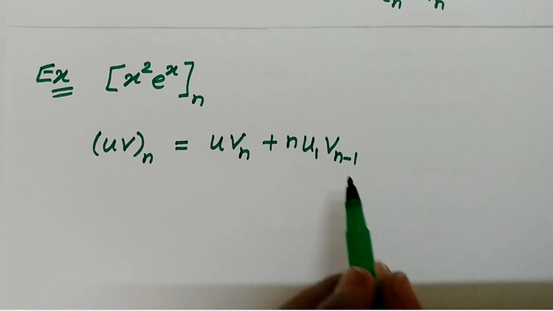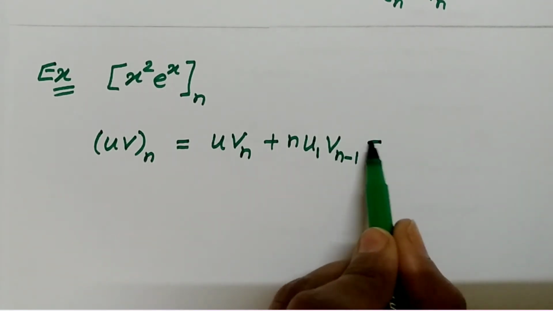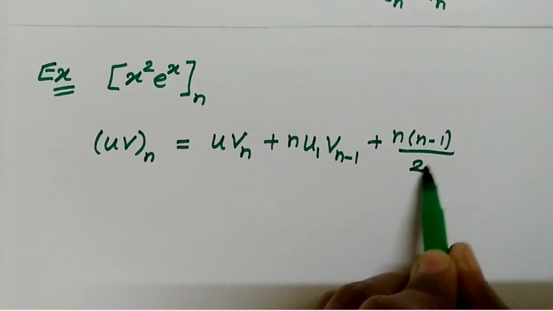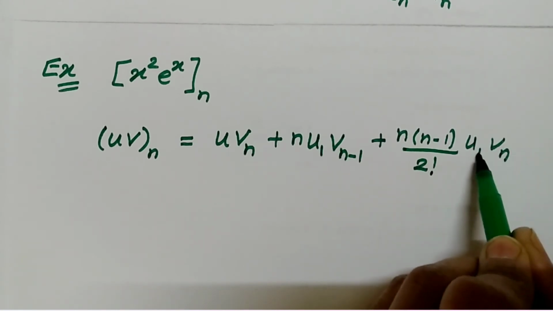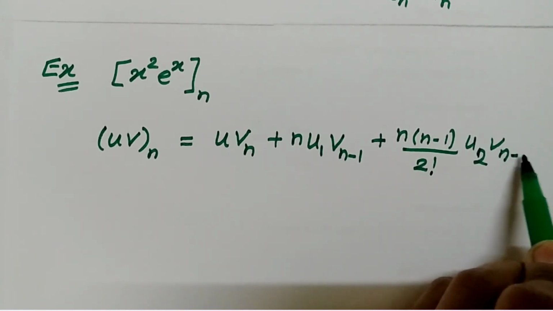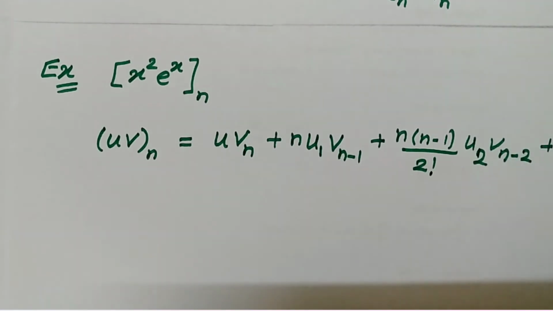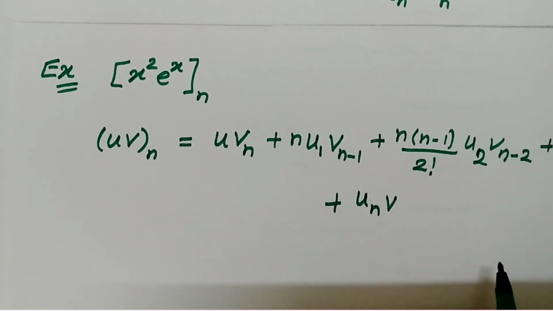So stepwise the derivative of u increases and the derivative of v decreases. The next term will be n into n minus 1 divided by 2 factorial u2 v suffix n minus 2, and so on up to the last term, which will be u suffix n v as it is.